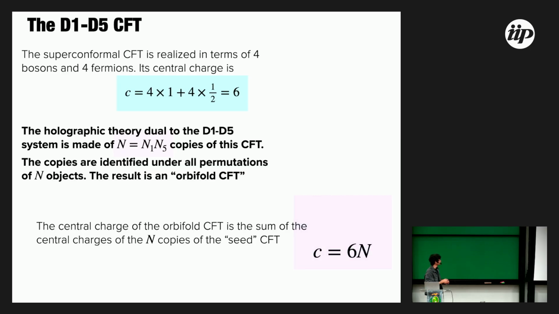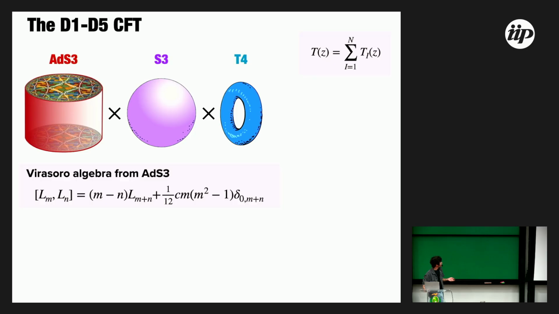The copies are all the same, they are identical, and any permutation is good, so you combine them all like that. One copy, called the seed CFT, has central charge 6. If you combine N copies, you have a large central charge 6 times N. So this is the central charge of the actual holographic thing.